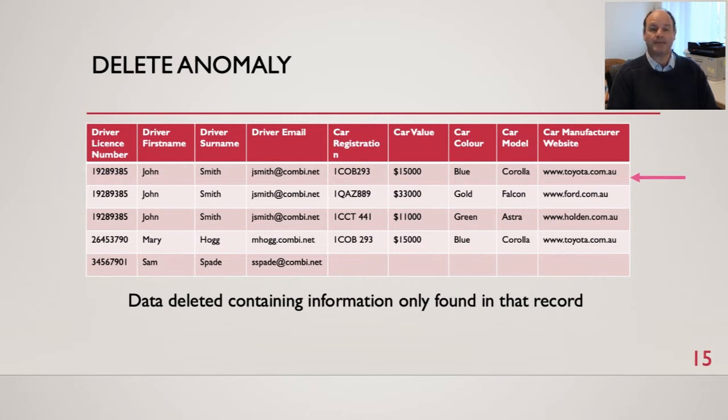For example, if the second row is deleted because John Smith sells the car with registration 1QAZ889, then the website for Ford, that's www.ford.com.au, is also lost as this data only occurs in that record.